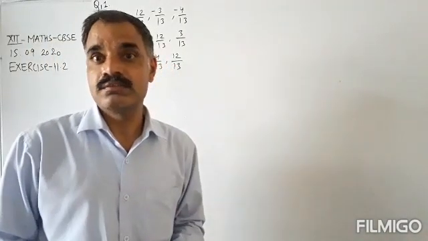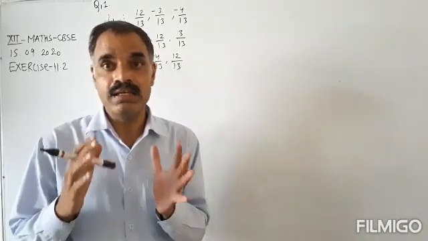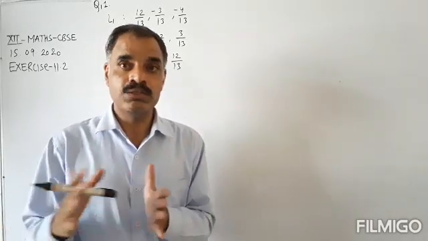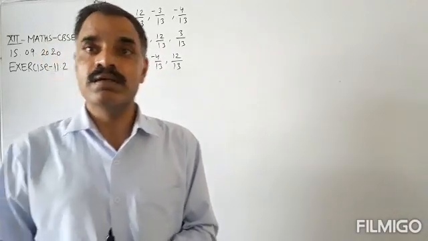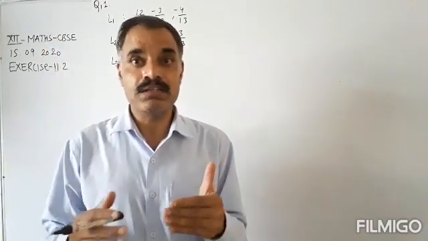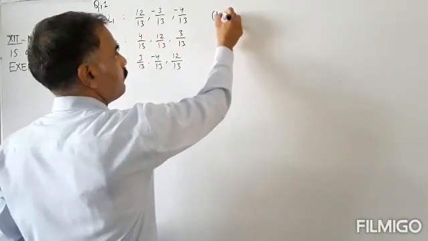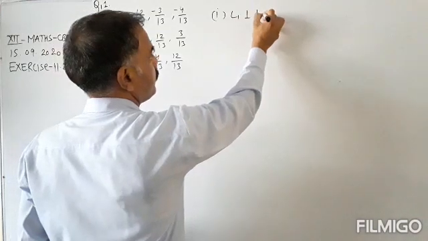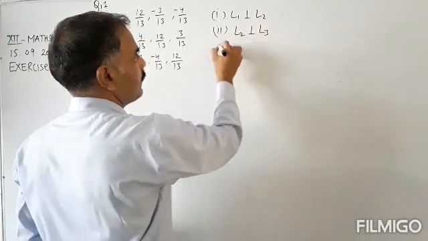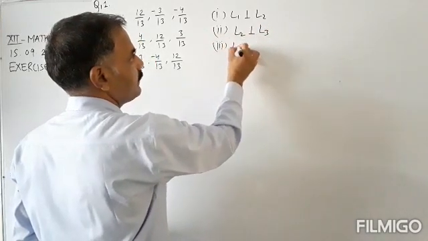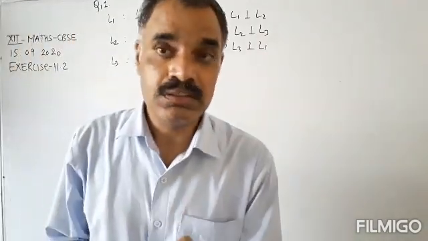We have to show that L1 is perpendicular to L2, L2 is perpendicular to L3, and L1 is perpendicular to L3. So there are three parts of this question: first L1 perpendicular to L2, second L2 perpendicular to L3, and third L3 perpendicular to L1.